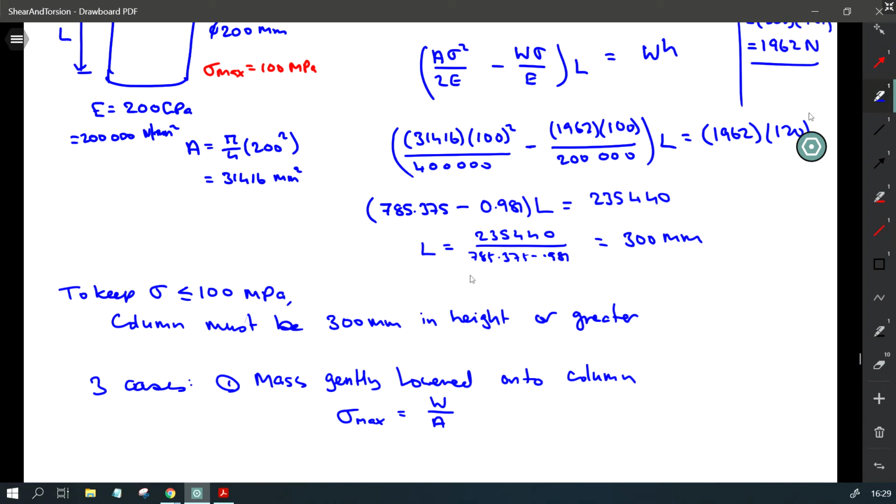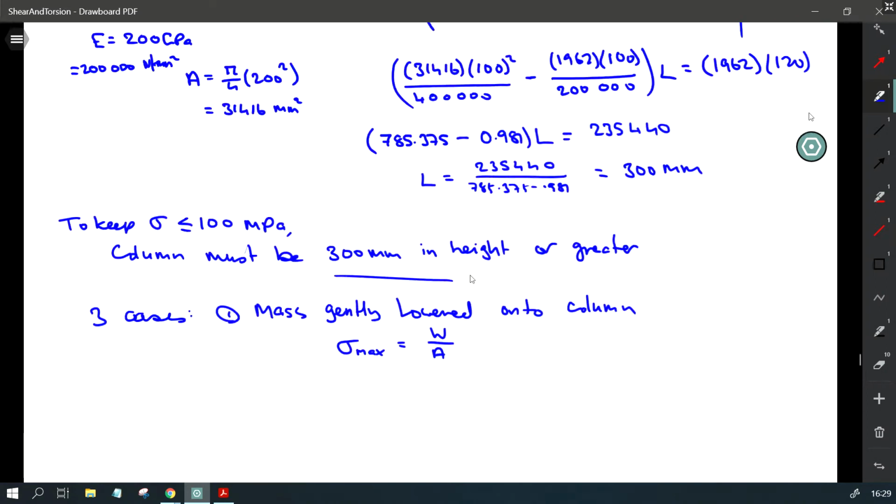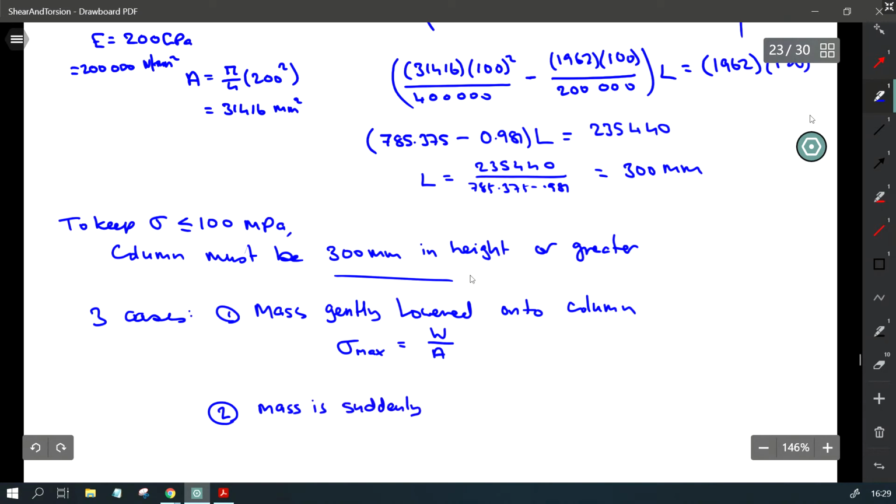The second case is that the mass is suddenly applied. So in other words, it's dropped from 0.